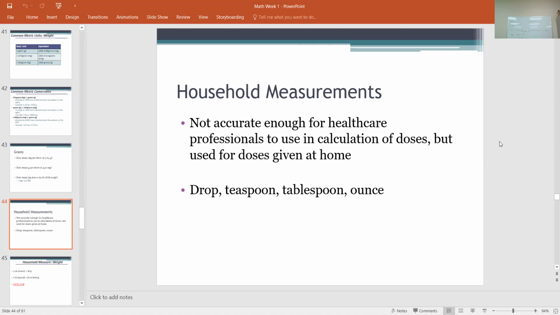But for purposes of dosing oral liquid medication in a hospital, you're going to get things probably in milliliters. But at home, a lot of people don't understand how to convert teaspoons and milliliters. So you don't tell a patient at home, take 5 milliliters of drug A, for your kid who has an ear infection, you get amoxicillin.